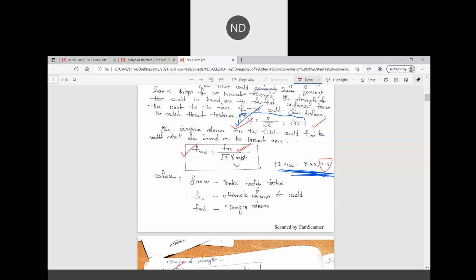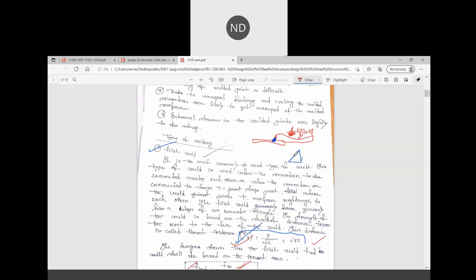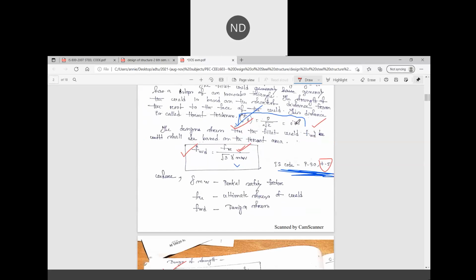Since the strength depends upon the throat thickness, the shortest distance I told you, the first step is to find out the throat thickness with the help of the size of the weld. Then the design stress fwd is equal to Fu by root 3 gamma mw.